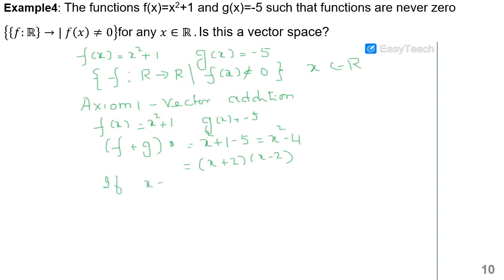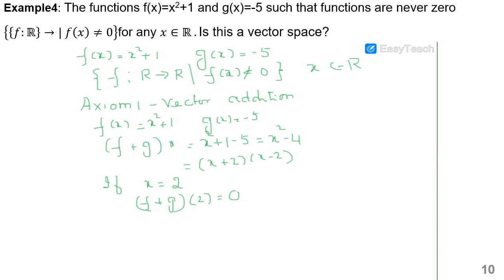If I take x as 2, then you will see that f plus g of 2 gives you 0, which means the condition is not satisfied. It says that the function should never become 0. That is the condition given. So, any function belonging to R should never become 0 for all values of x belonging to R. So, 2 belongs to R. In this case, it becomes 0.